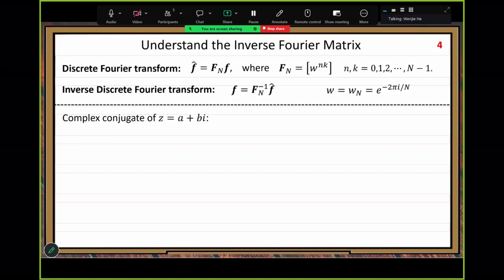Then its conjugate: most of the time we use a bar on top, z bar. That's the typical notation for the conjugate. For the conjugate, we just change the sign of the imaginary part, from plus to minus. That's the complex conjugate.